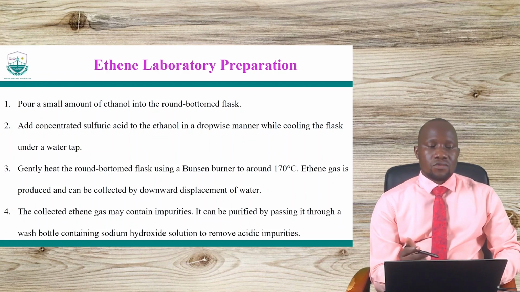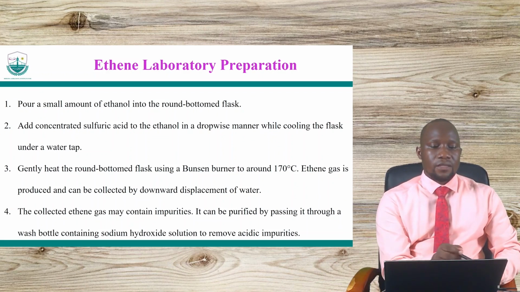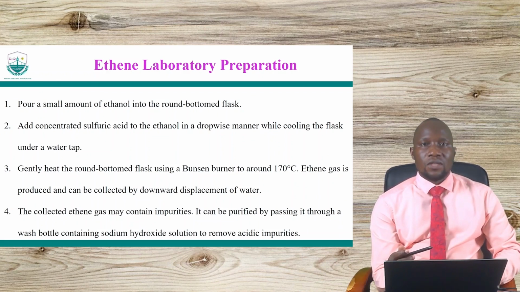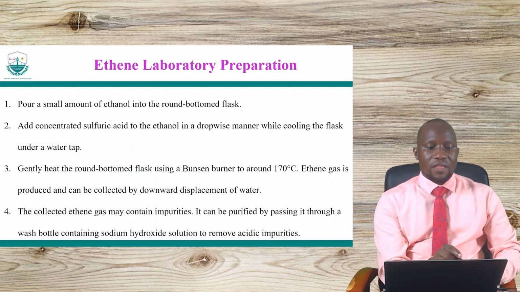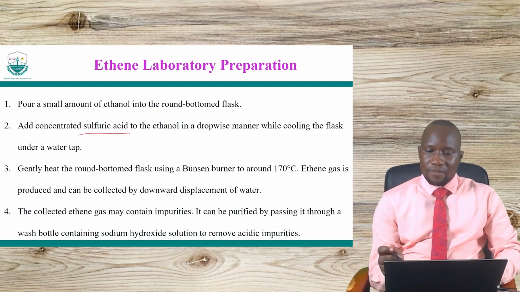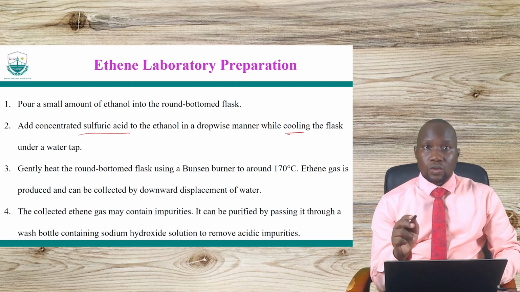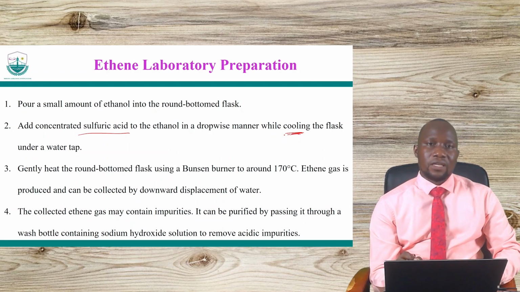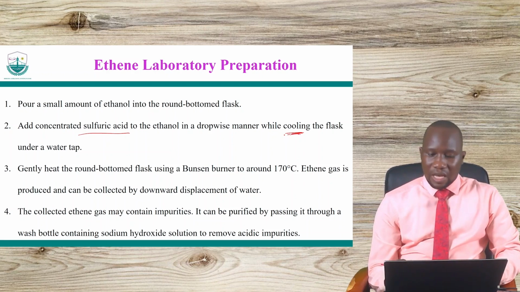So you get a small amount of ethanol in a round bottom flask, and then you add the concentrated sulfuric acid dropwise while cooling the flask, because the reaction actually gives off heat. That is why the cooling of the flask has to happen using a water tap.